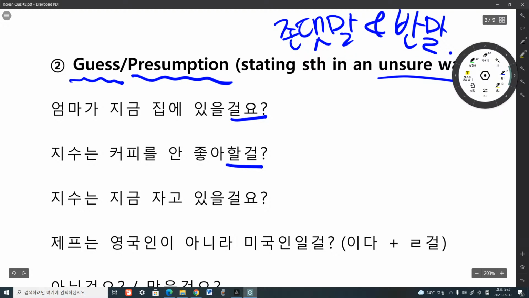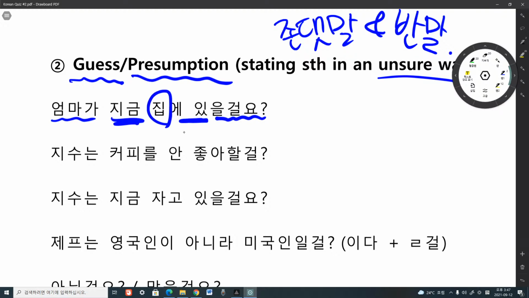Both are fine, guys. 그래서 여기서 엄마가 지금 집에 있을걸요? This means mom might be at home right now. My mom might probably be at home right now.